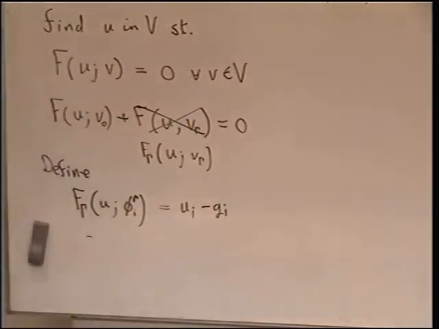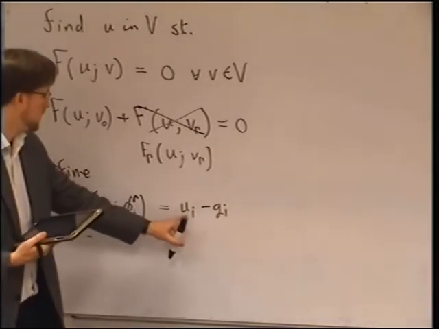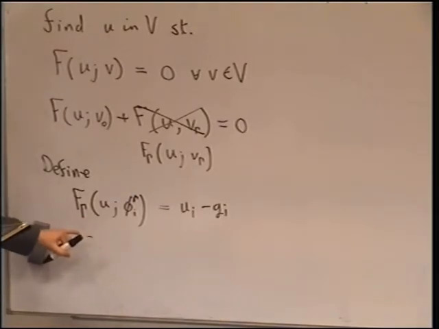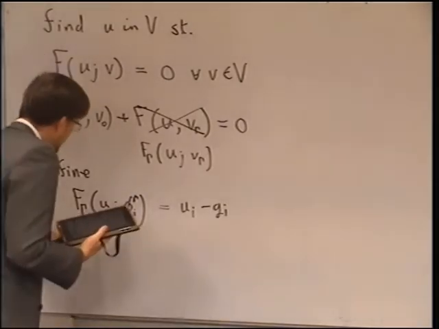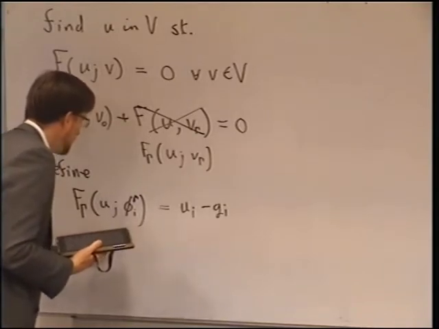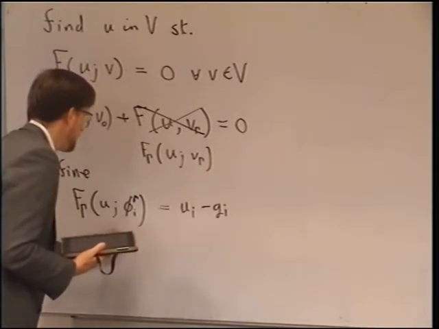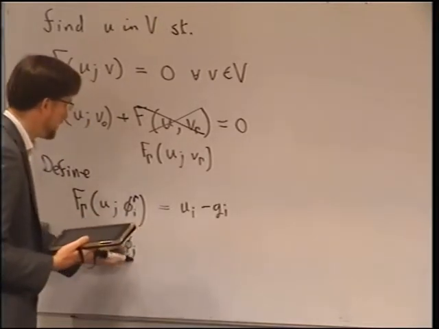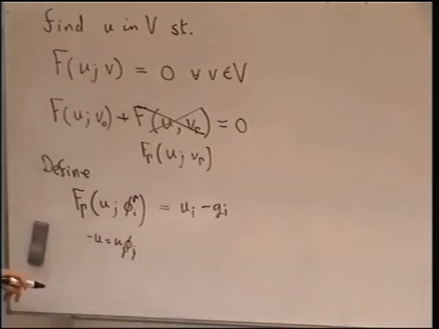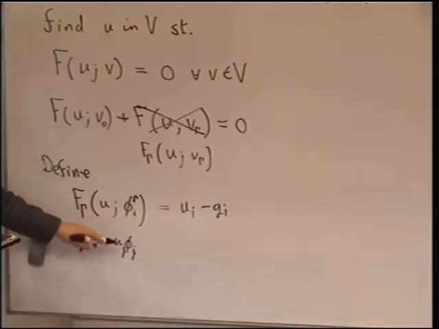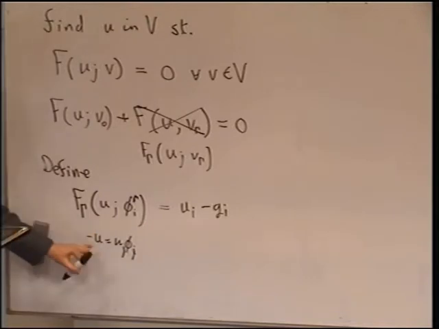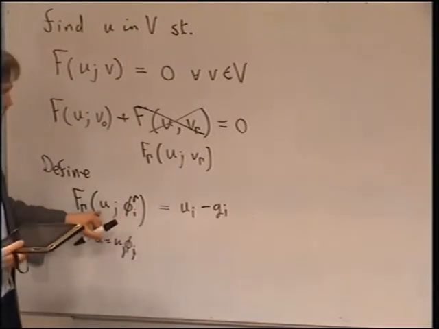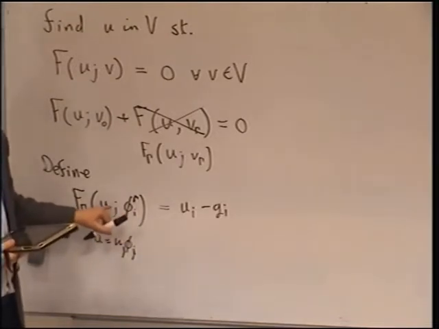So what are u_i and g_i? So u is something which lives in the same function space V. So that means that u is equal to the sum of u_j phi_j over all of those, with the same basis functions, right? And so u_i is the coefficient of the ith basis function for this value of u.